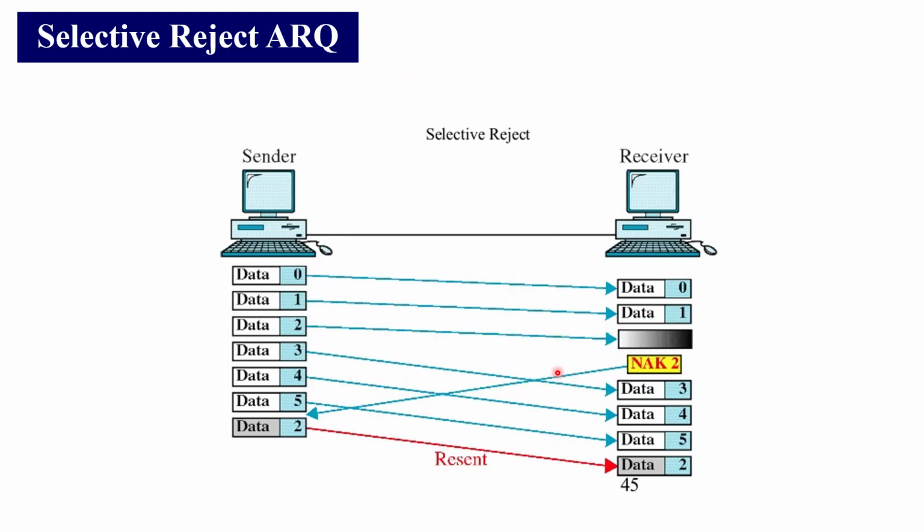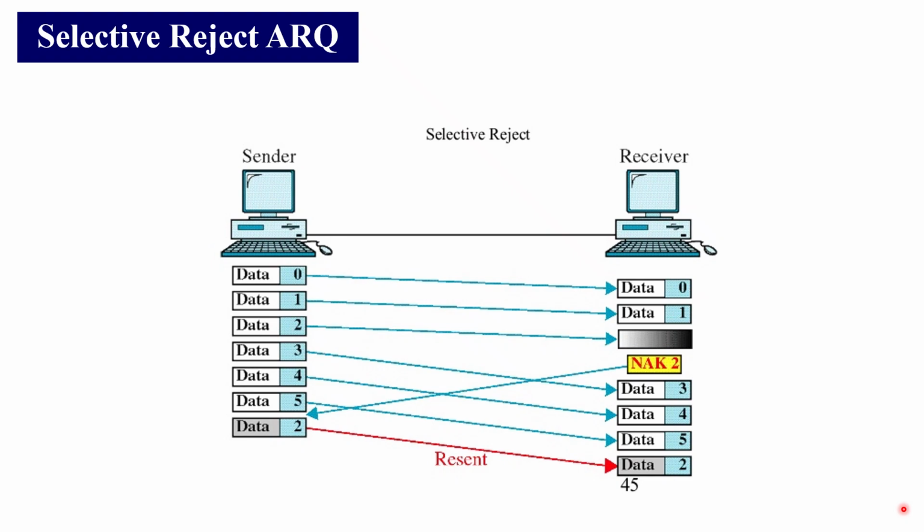Next, frame 2 is found to be damaged in transit. So the receiver sends back a negative acknowledgement. This negative acknowledgement indicates that the earlier frames 0 and 1 were received correctly, but frame 2 needs to be retransmitted.